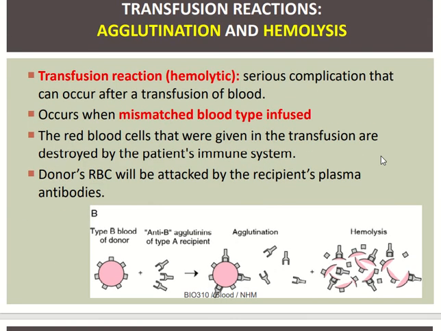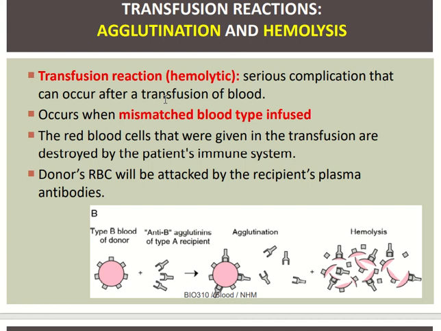Okay, so hemolytic reaction is a very serious complication that can occur after transfusion of blood, and it occurs, of course, as I mentioned earlier, due to the mismatch of the blood type infused. The recipient and the donor blood types are not compatible with each other.